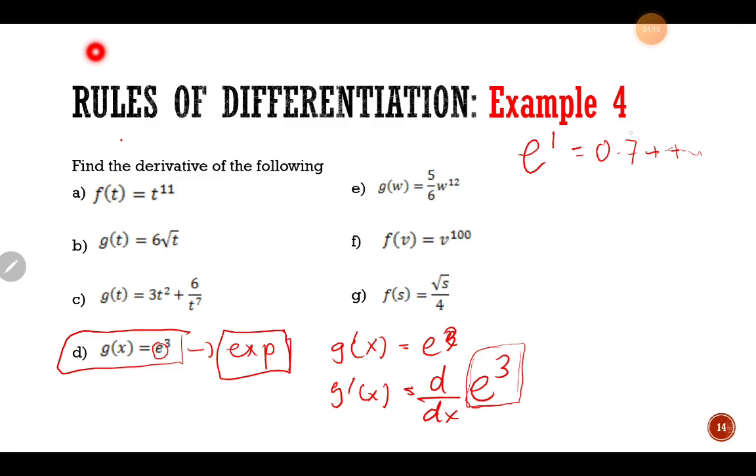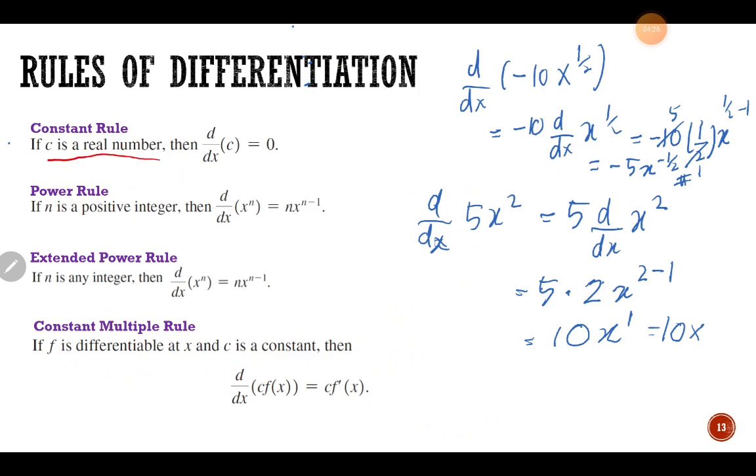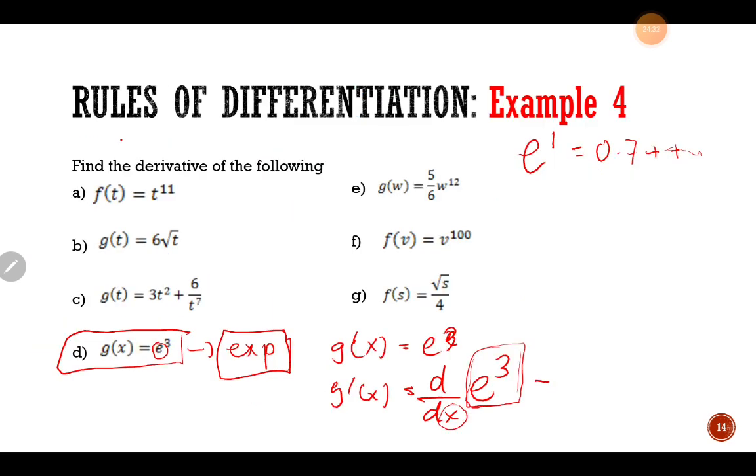Kalau e power of 3 maknanya ada value. Maknanya it's just a constant where it is independent of x. So, macam mana kita discuss the first rule tadi. If c is a real number or constant, then the derivative is equals to 0. So, yang ni kosong je jawapan dia. G prime X dia adalah kosong.